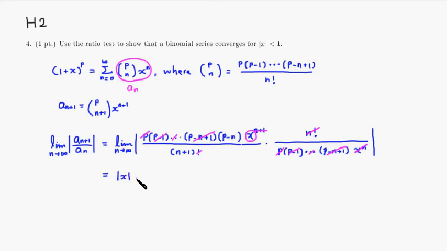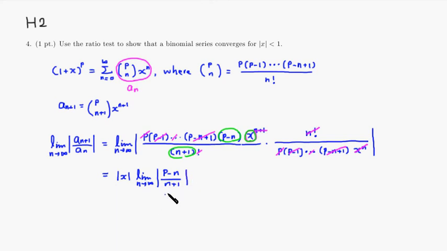Then we need to take the limit as n approaches infinity of the absolute value of what's left: on top, p minus n, and on the bottom, n plus 1.